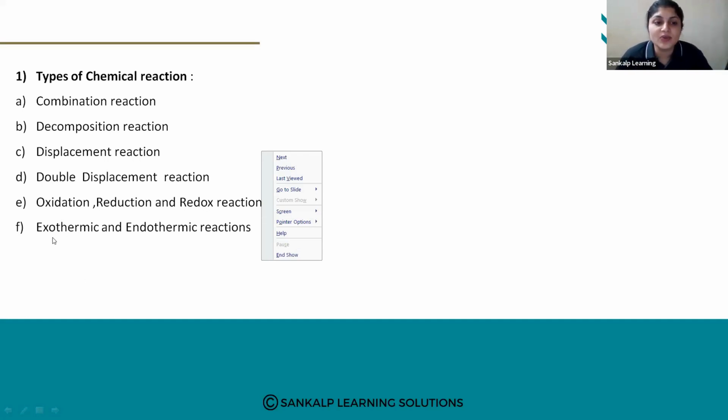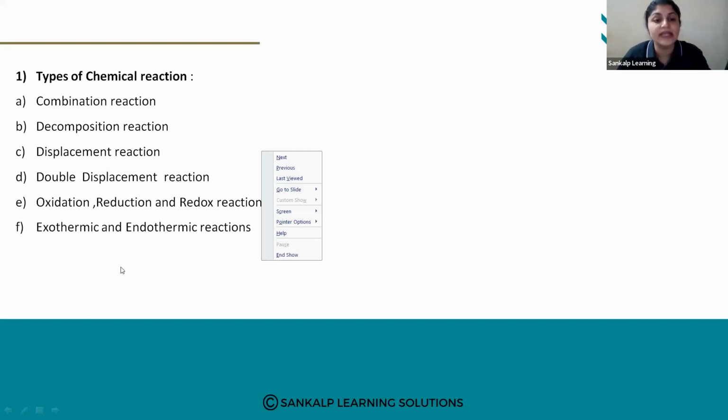Then we discussed exothermic and endothermic reactions. Exothermic reaction means a reaction in which heat is given out along with the products. Whenever in a chemical reaction heat is given out, it is said to be exothermic.